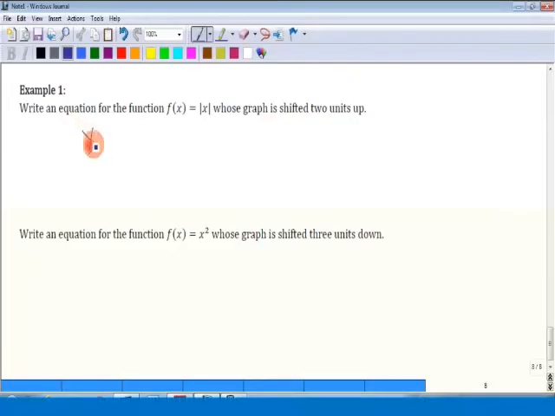If we have y equals the absolute value of x, and we want to shift it 2 units upward, what we want is, well, add 2, right? Add 2 to the right-hand side, and we get y equals the absolute value of x plus 2. That's it. We could draw the picture if we wanted to, but we don't. There'll be plenty of pictures to draw later.